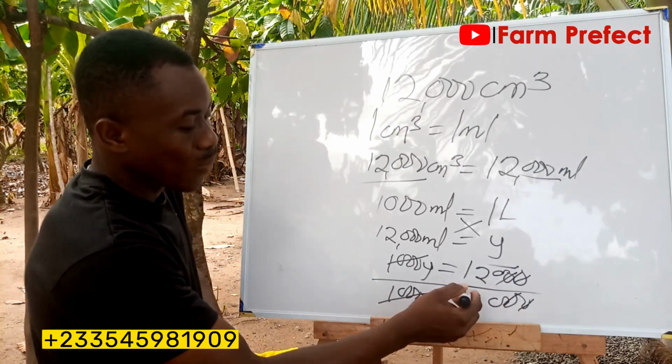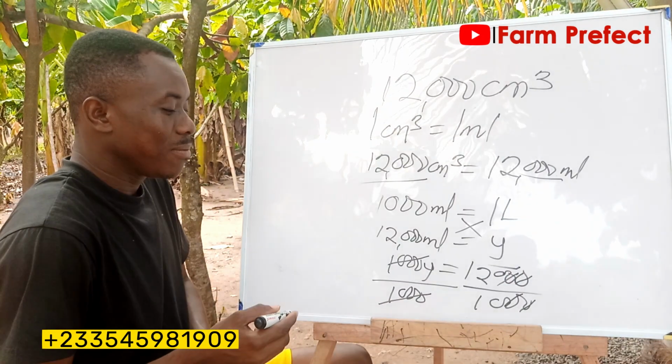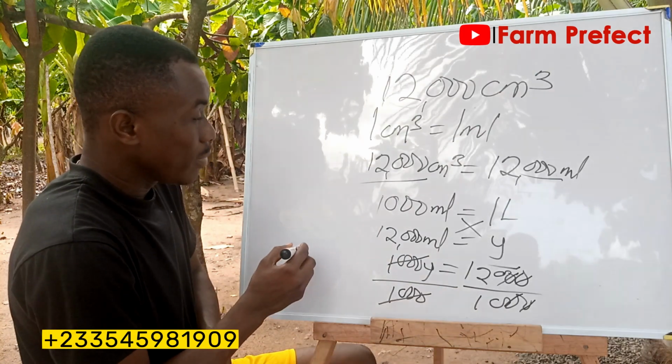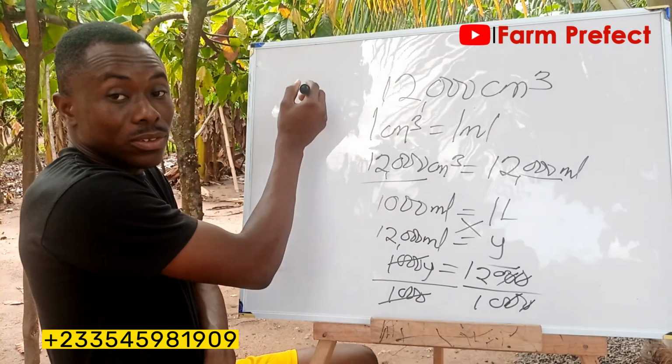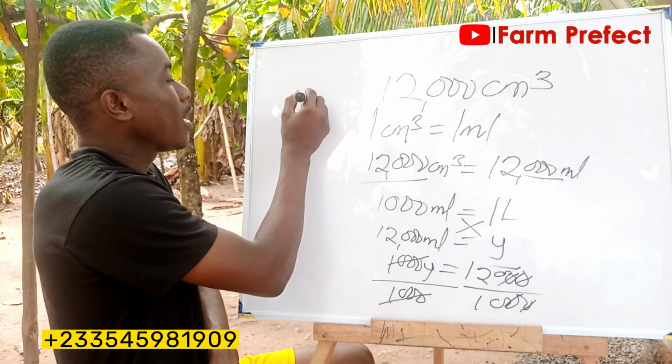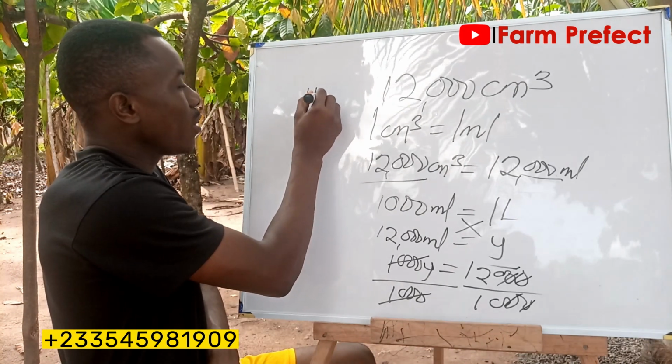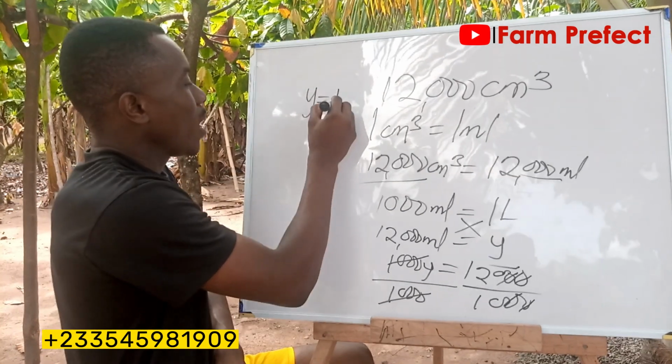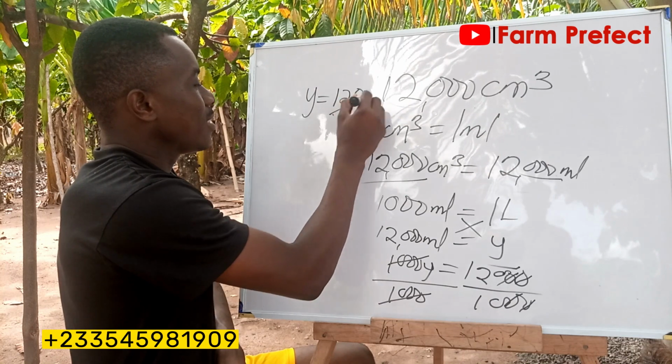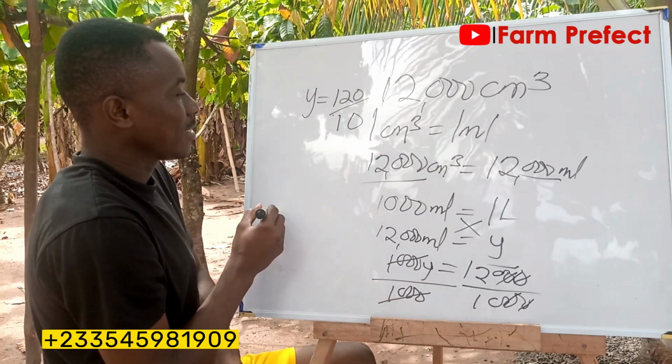So now we have 120 divided by 10. Can you see from here? We'll be having 1 y equal to 120 divided by 10.